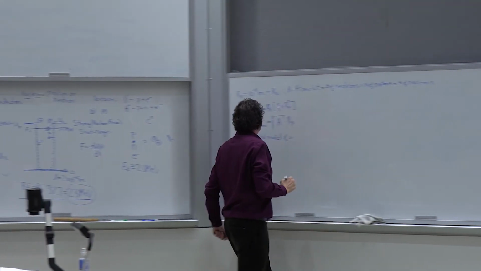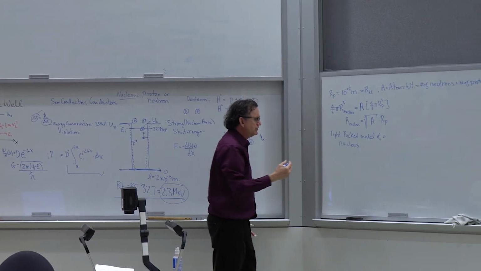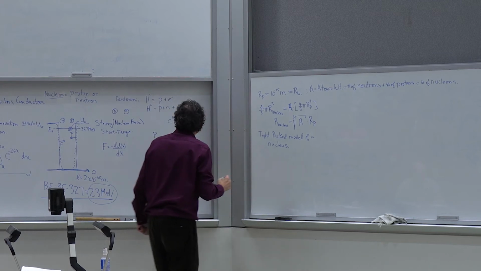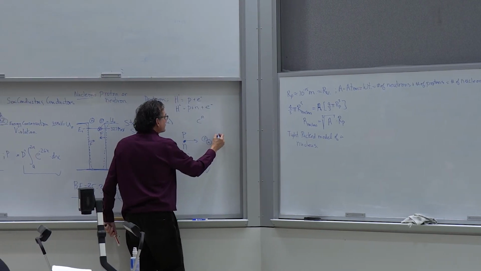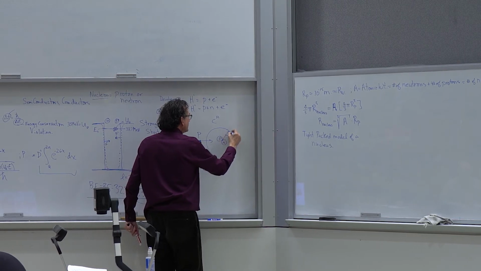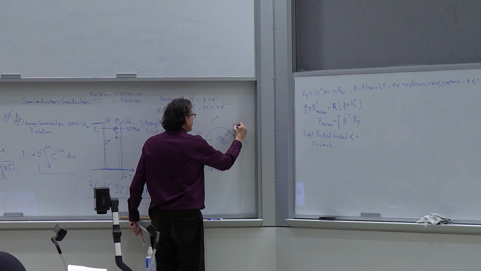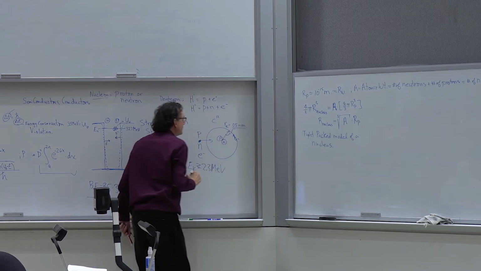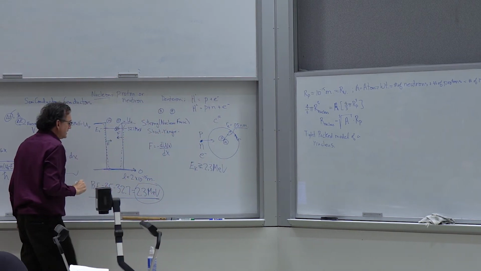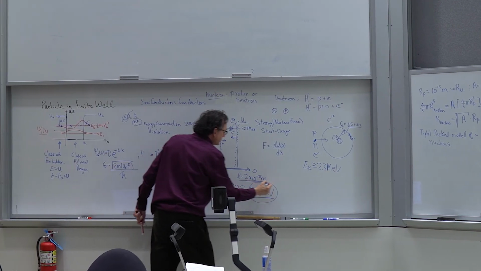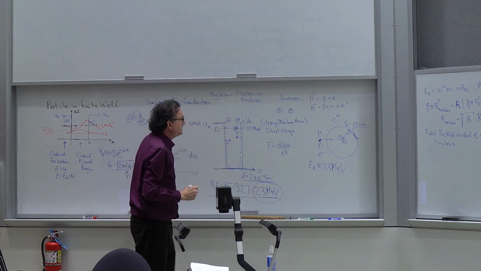Okay, now we're going to find out when we go into chapter 42 that the orbital radius of an electron going around a hydrogen atom is approximately equal to 0.05 nanometers. Now, 0.05 nanometers is 100,000 times bigger than this number, 2 times 10 to the minus 15.